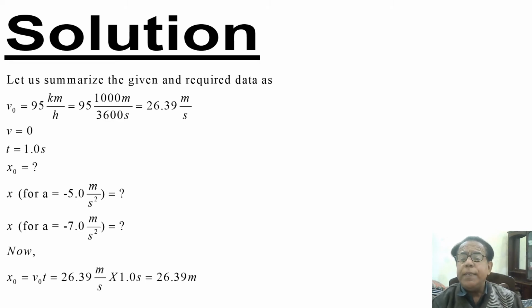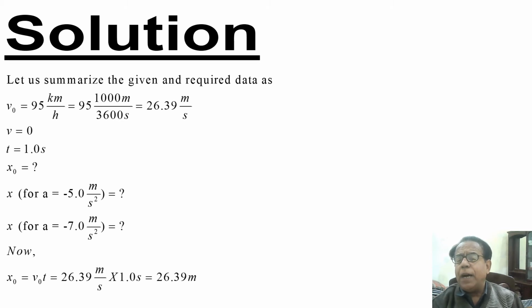So initial and final velocities and time are given, while x naught is to be determined, and x is to be determined twice with two given acceleration values.